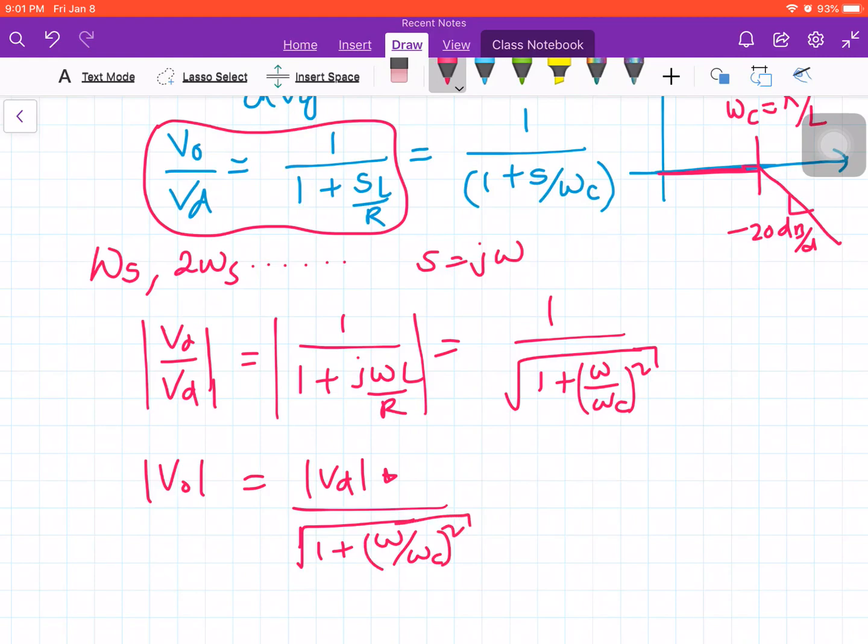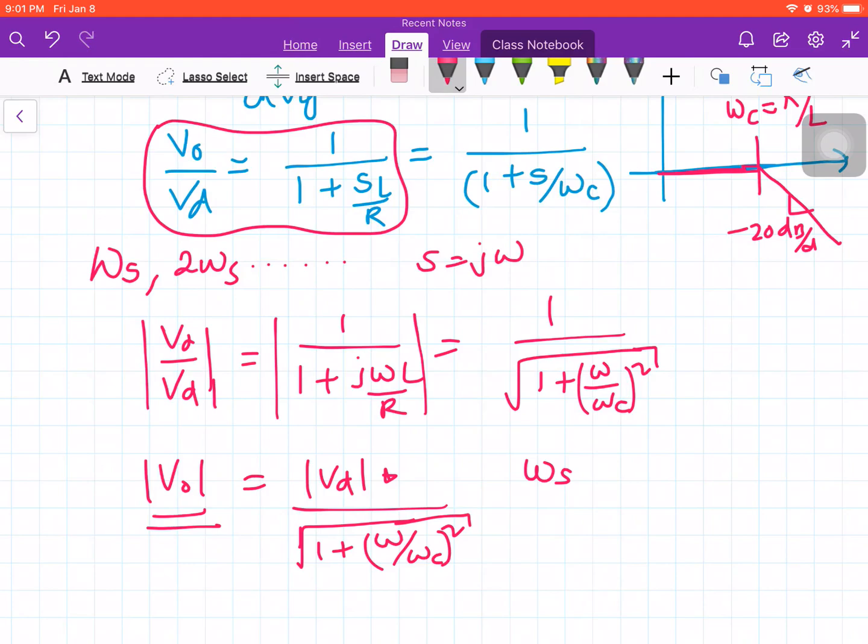Okay. So let's substitute omega s and see what relation between omega s and omega c is expected, such that the output voltage will not contain any higher order harmonics.